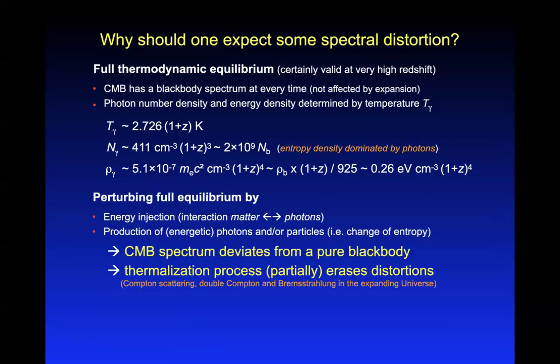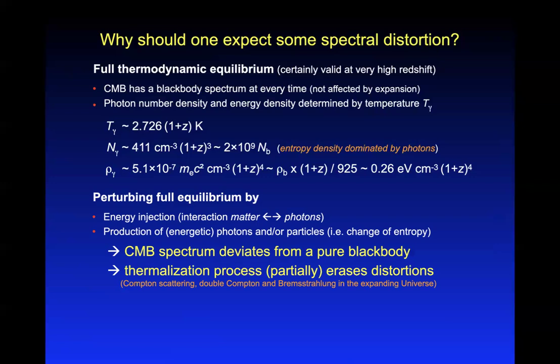Okay, but if you have something that disturbs the equilibrium between matter and radiation, like energy injection or photon production or injection, then you will momentarily distort the microwave background spectrum. And then the big question is basically, will you have enough time to restore full equilibrium by the processes at work after the Big Bang?